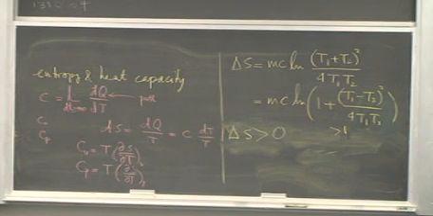You had two blocks at different temperatures, and you brought them into contact with each other. The process of heat flowing from one block to the other is a process which increases entropy of the total system. Nothing else.